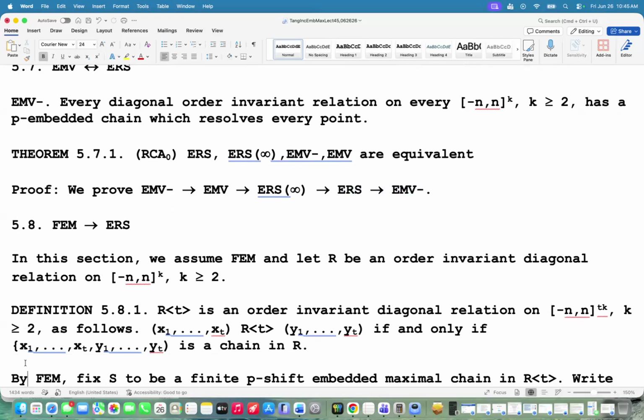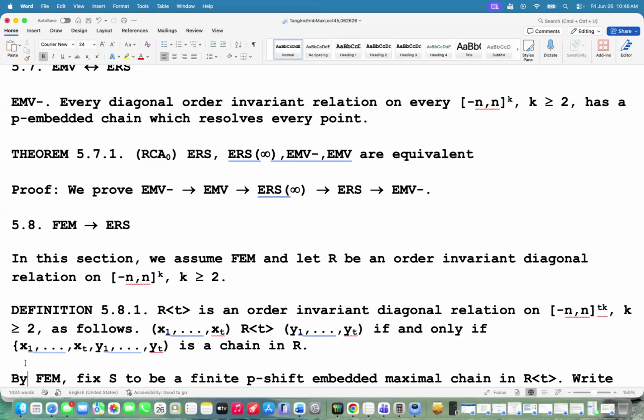There's an intermediate construction that's important for this. If I have a relation on k tuples, I can make another relation on t times k tuples, which essentially is the chain relation.